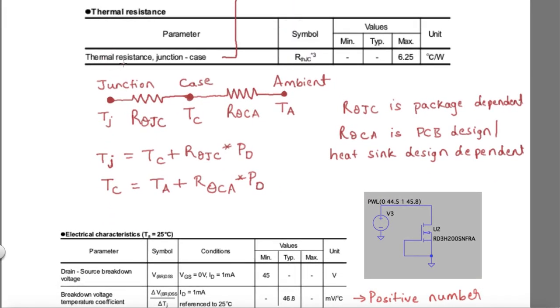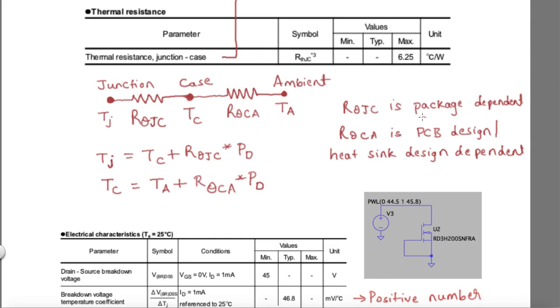Thermal resistance. Thermal resistance junction to case, R theta JC, is 6.25 degrees Celsius per watt. If we know case temperature, we can find out the junction temperature. Similarly, if we know ambient temperature, we can find out the case temperature, provided we know R theta junction to case and R theta case to ambient respectively.